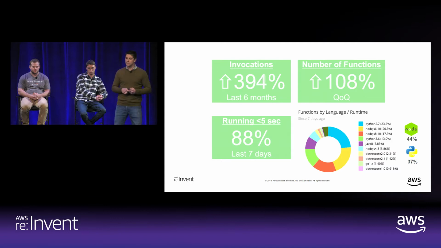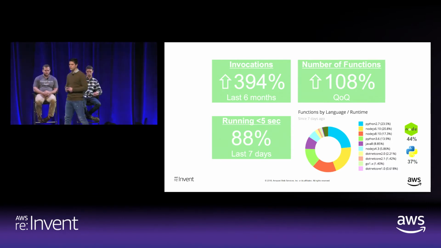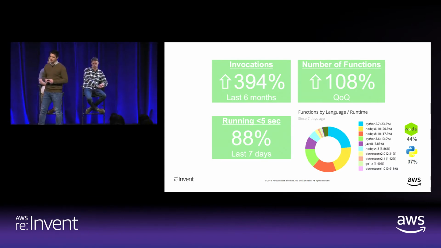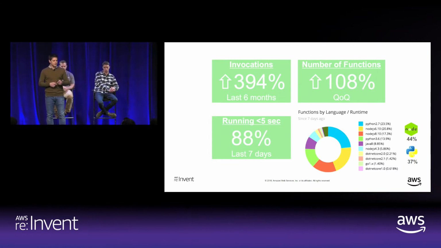In the last 6 months, we've seen a growth of almost 400% in invocations for Lambdas. Just in number of functions, we're seeing that the number of functions more than double every quarter. And in terms of execution time, we are now at 88% of Lambdas running below 5 seconds. Just for your information, this same value 6 months back was 79%.